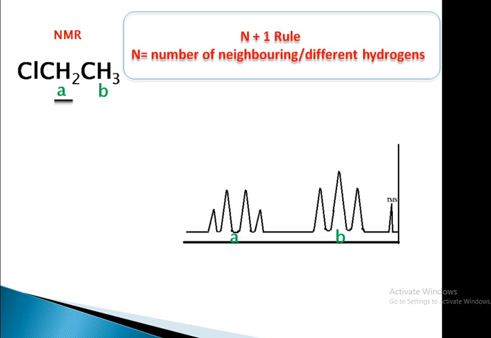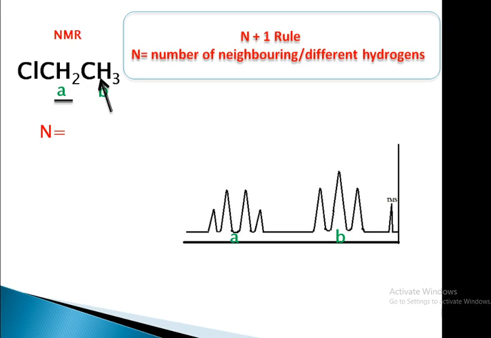Let us take the A proton, and what will be the value of n? This is the A type hydrogen, and it is bonded to this carbon, and this carbon is the neighboring carbon, and these hydrogens are the neighboring hydrogens of the A type hydrogen.